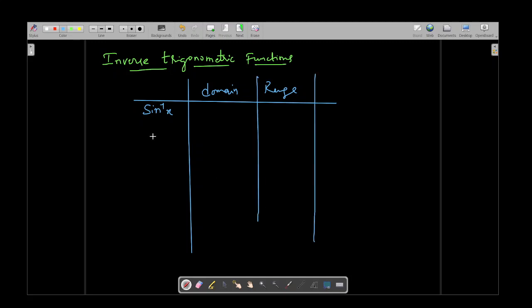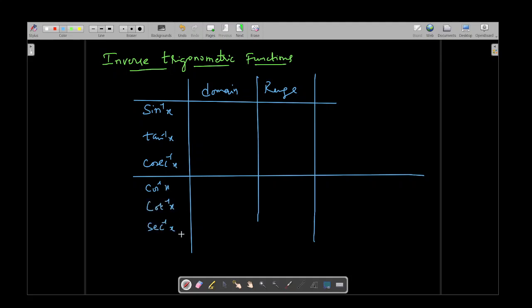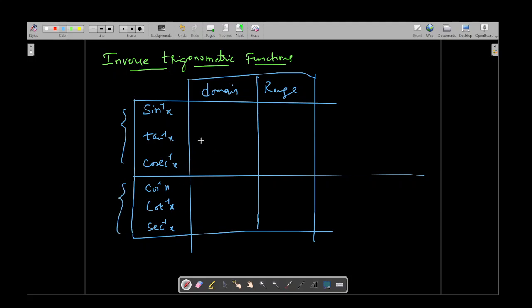So we have grouped sine inverse of x, tan inverse of x, and cosecant inverse of x as one group, and cos inverse of x, cot inverse of x, and secant inverse of x as another group. We have grouped in this way because of some pattern. So these three will follow one pattern, and these three will follow the other pattern.